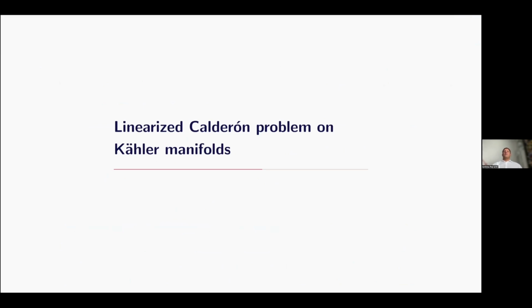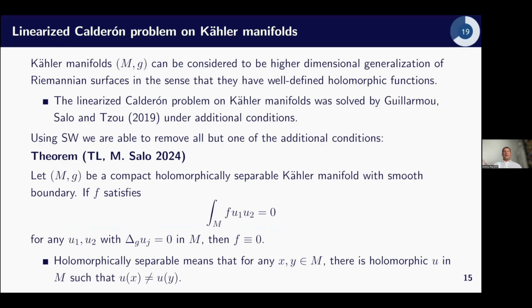So let's go then to the next topic, which is the Calderón problem on Kähler manifolds. And again, what are Kähler manifolds? If you don't know what manifolds are, don't worry. You can think that Kähler manifolds are higher dimensional generalizations of Riemann surfaces, in the sense that they have well-defined holomorphic functions.